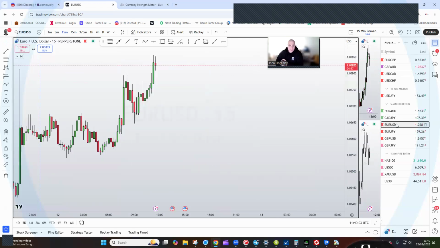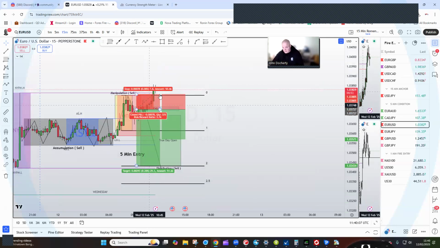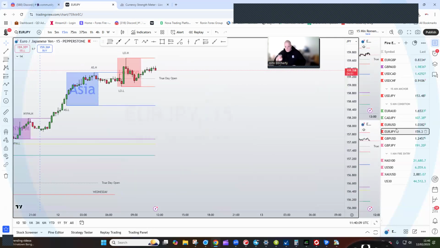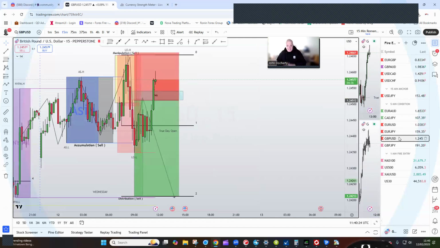We know the Euro USD has failed because the Euro was too strong and it's wicked out. The Euro JPY, we do expect this to go heavily against us. Will it hold its structure? At the moment, it is, but I am putting this in the bracket of I'm expecting it to stop us out. The GU falls in the same preference as the EU.